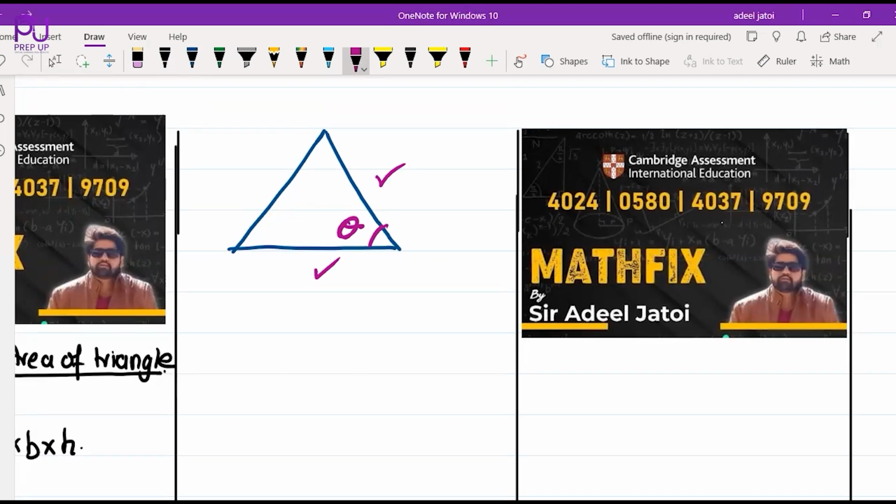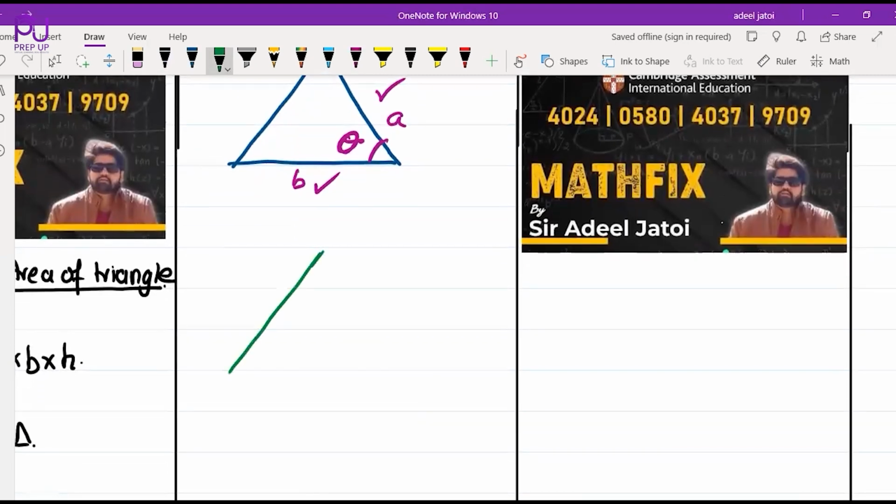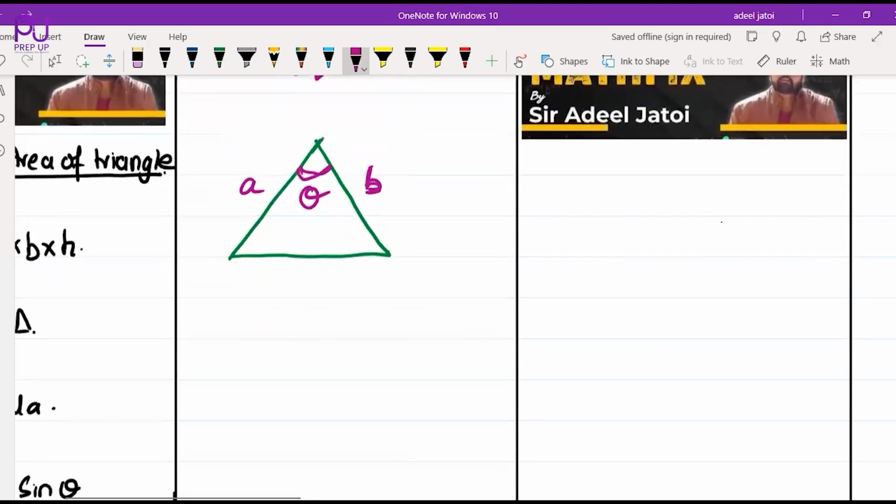This can be A and this side can be B, or the other way around. Either side can be A or B.